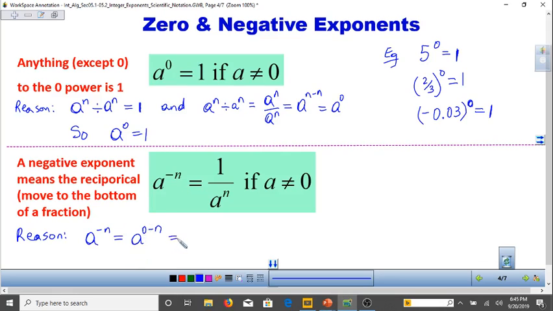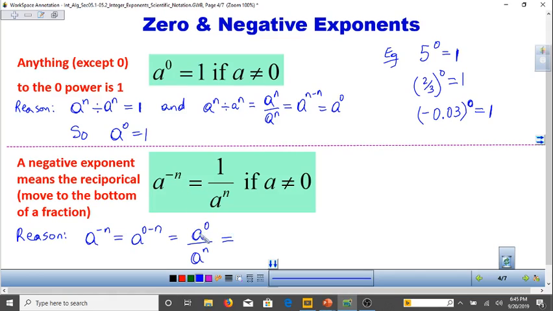But as we saw before, when we subtract exponents, that's because we were dividing two terms with the same base. I'm working kind of backwards. That's the symmetric property of equals. So a to the negative n is really a to the 0 minus n, which is really a to the 0 divided by a to the n. If you think of it that way, that makes sense. So it should make sense the other way as well, because equals works that way.